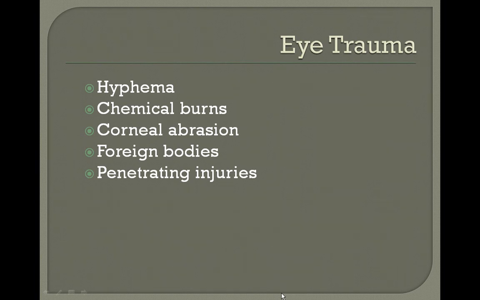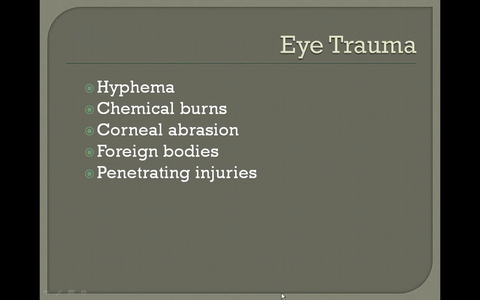With penetrating bodies, it's just what it sounds like, something that's in the eye, maybe a gunshot, an arrow, a knife, something that's penetrated the eye, actually in the globe of the eye.